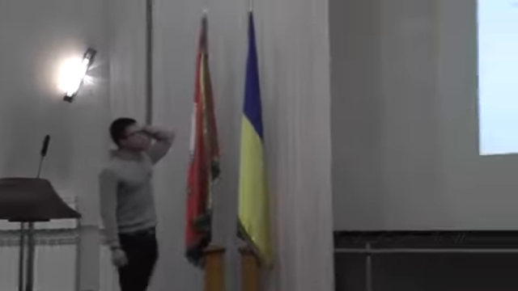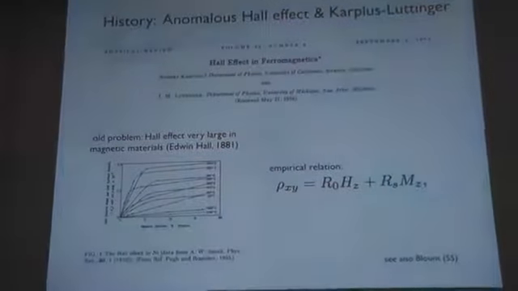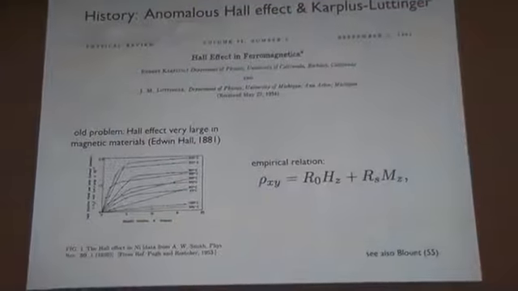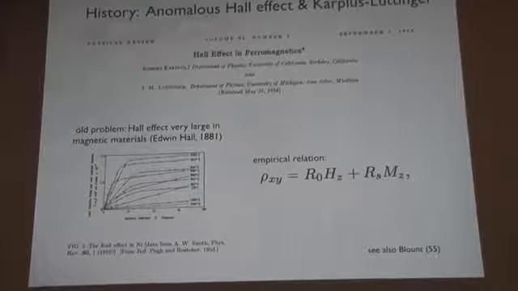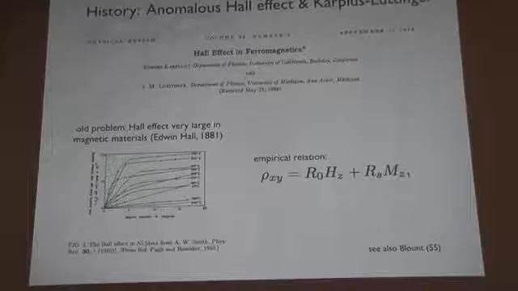So what's the history of this? There's a long checkered history of this all over the place, and it actually goes way back to this guy called Hall, Edwin Hall, the discoverer of the Hall effect.